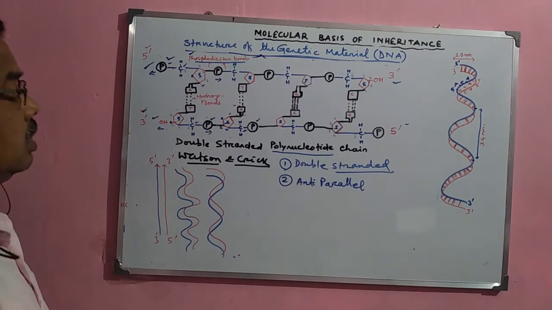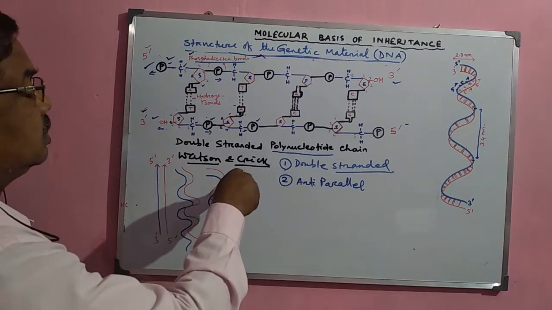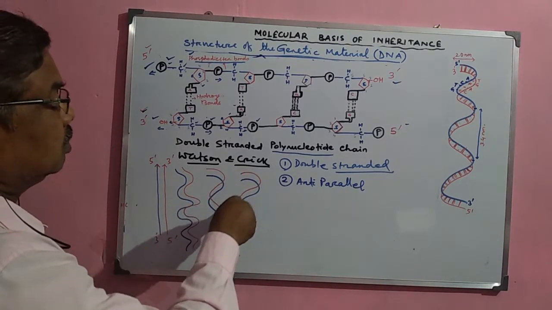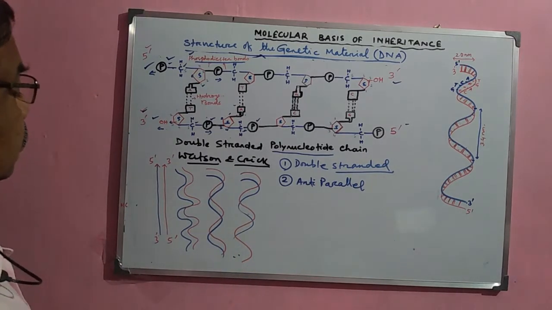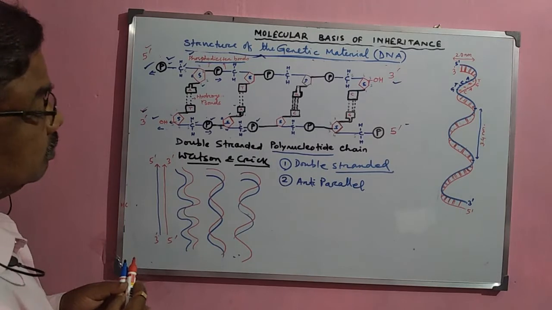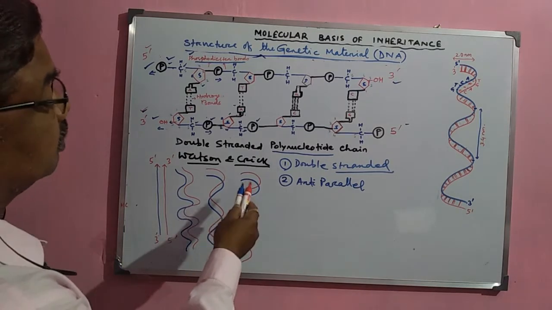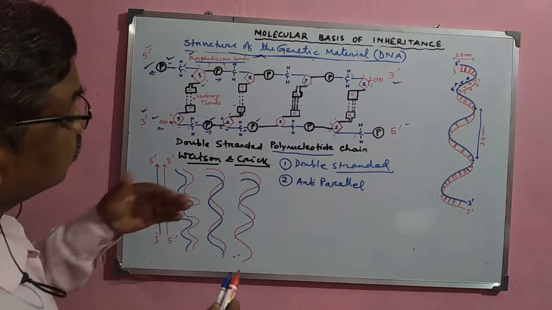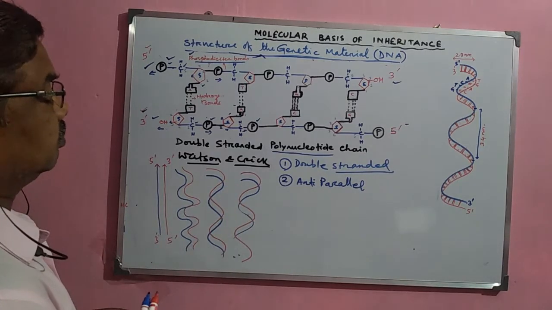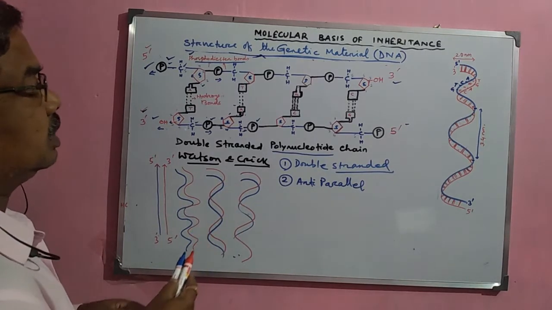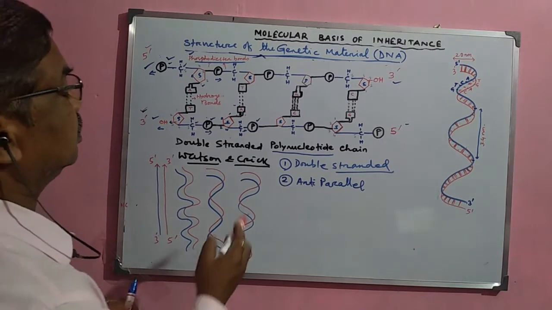This is the way by which you can, without any effort, draw the double helical structure of DNA. Now, they are parallel, no doubt. They never intersect with one another. But in the two-dimensional figure, it appears to intersect with one another. But in the three-dimensional figure, they never intersect with one another.